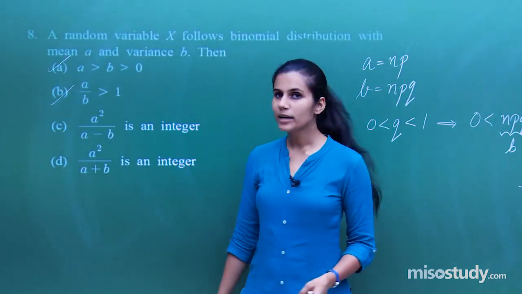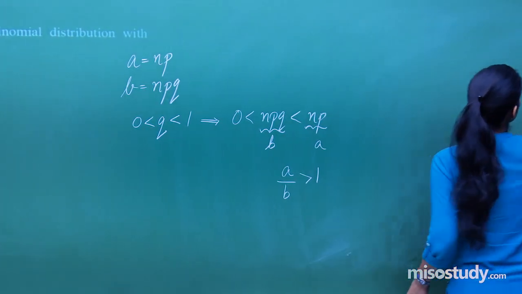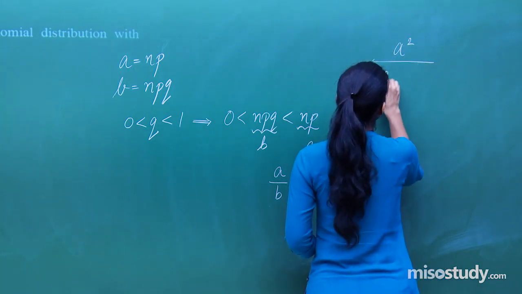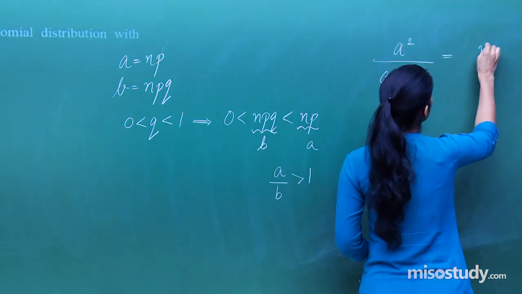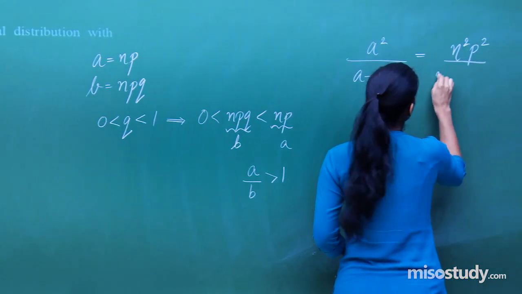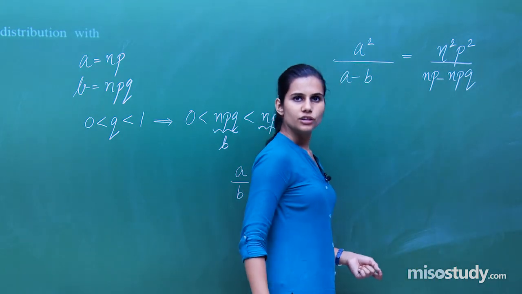Then it says A square upon A minus B. Let's talk about that. A is NP, so A square is N square P square upon A minus B. Right?